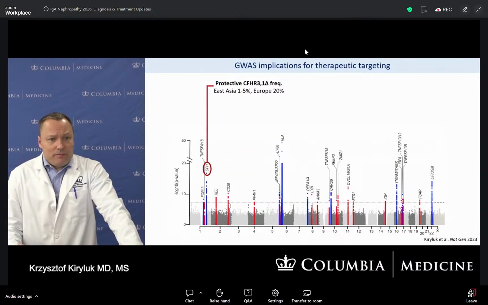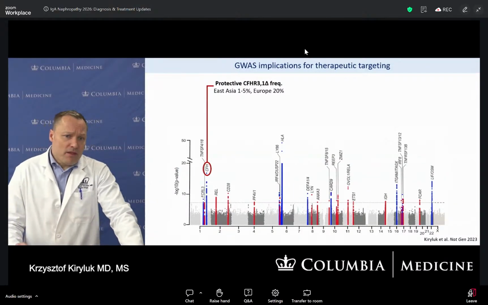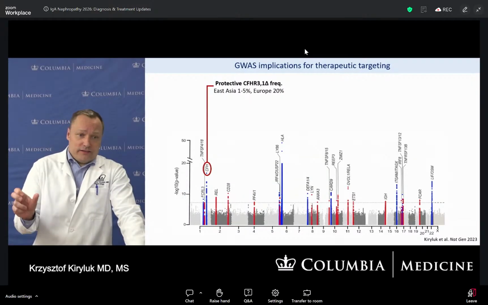We actually fine-mapped this signal to a protective deletion in complement factor H related genes 3 and 1. The deletion is protective.